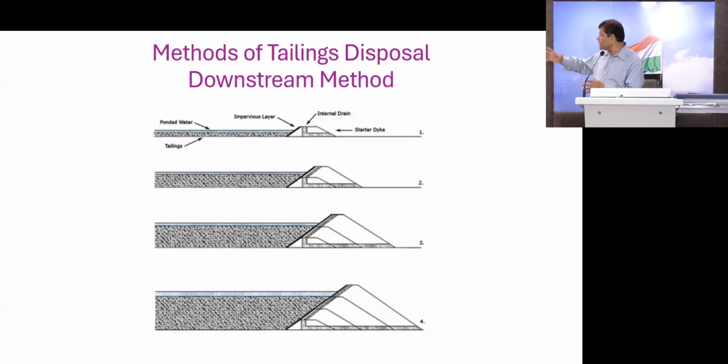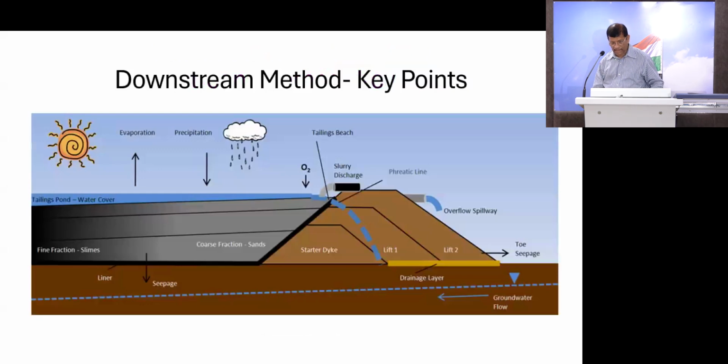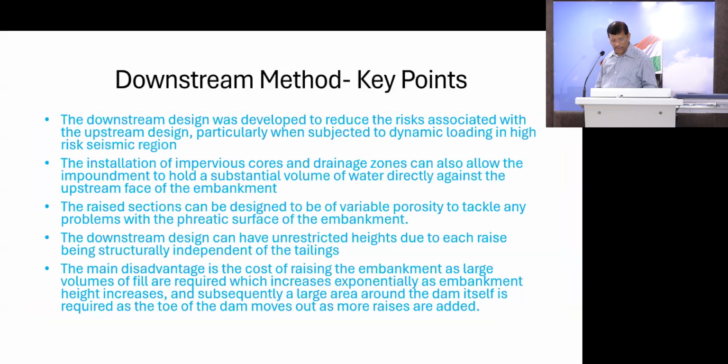So eventually it becomes a huge dam. What are the main design considerations? In high earthquake, high seismic areas where people think an upstream dam is not viable, they selected this downstream dam.